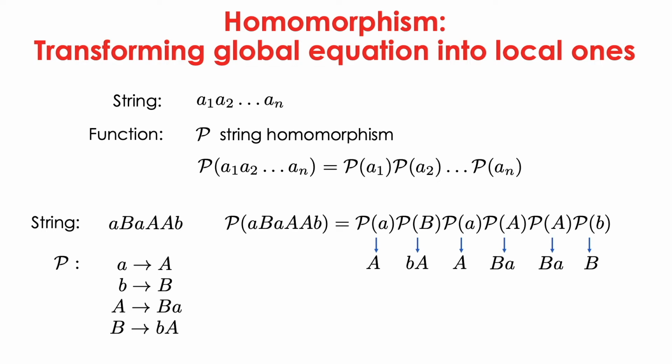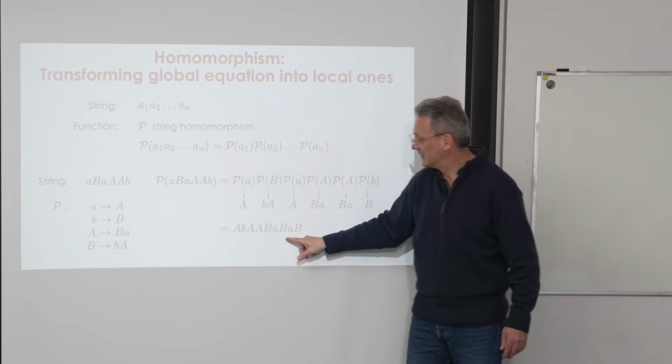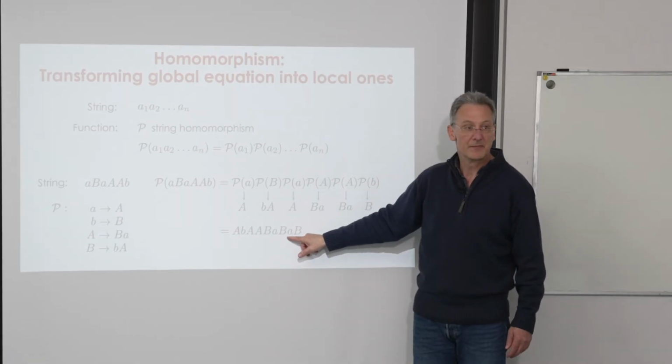Then you see that I can, in a deterministic manner, compute each of the results of the small application of rules to each of the components. And then you can compute the image of this into the string space.